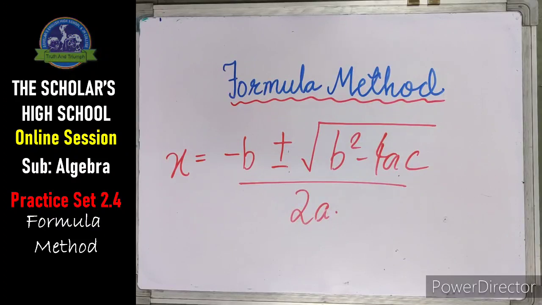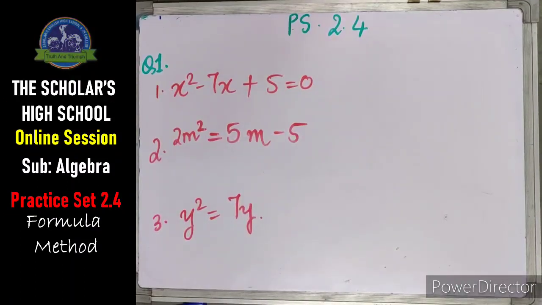So let us solve practice set 2.4 and understand how to solve the equation by the formula method. In practice set 2.4, question number 1 is: compare the given quadratic equation to the general form and write the values of a, b and c. This question we did in practice set 2.1 as well, where you have to compare, make the equation in the standard form and write the values of a, b and c.